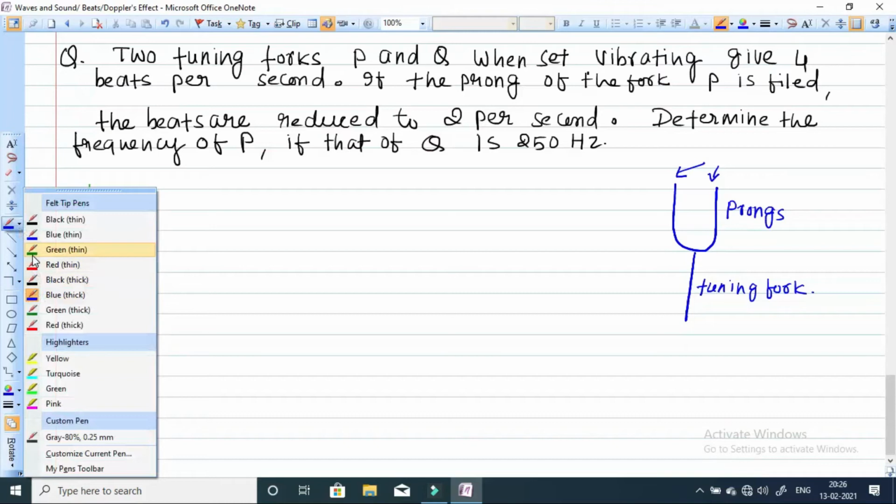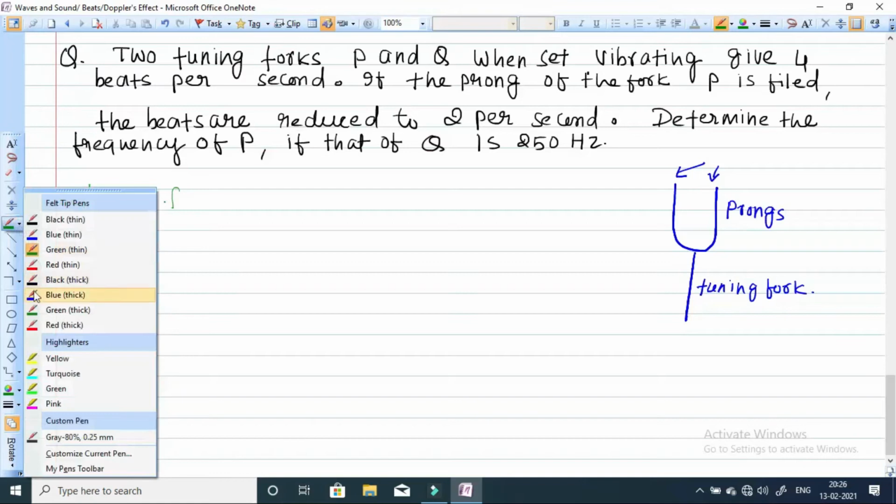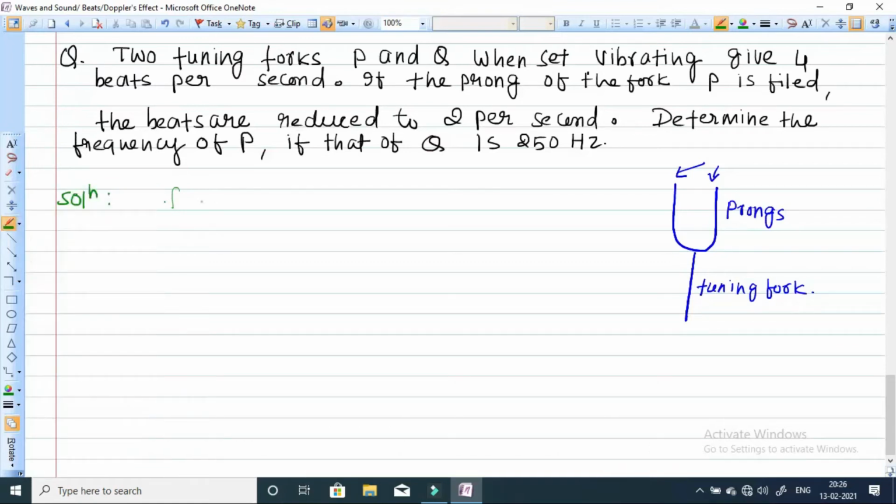Suppose F1 is the frequency of the wave produced by tuning fork P, and F2 is the frequency of the wave produced by Q.